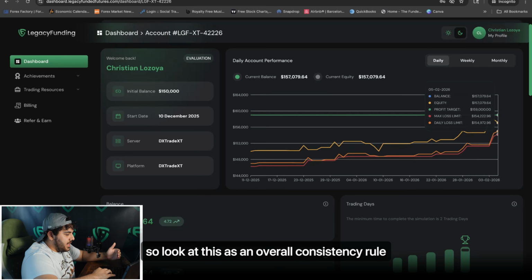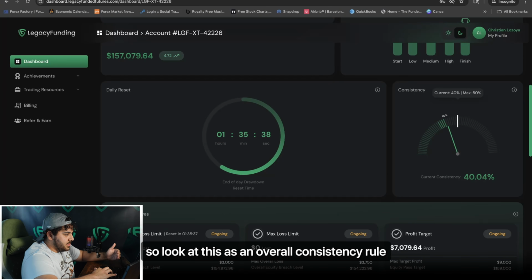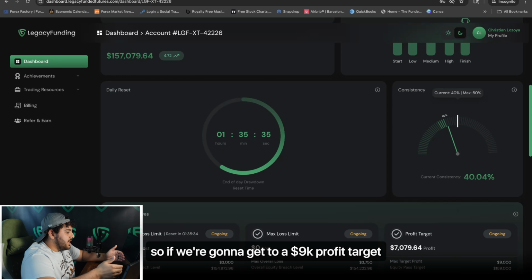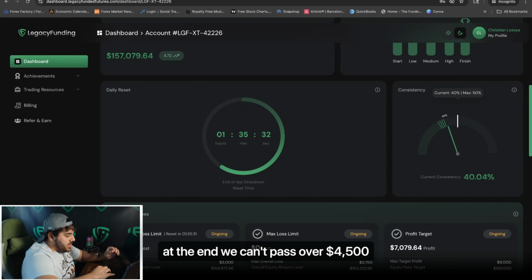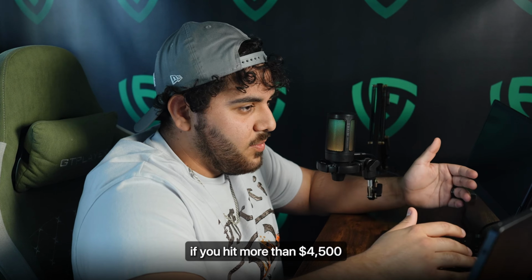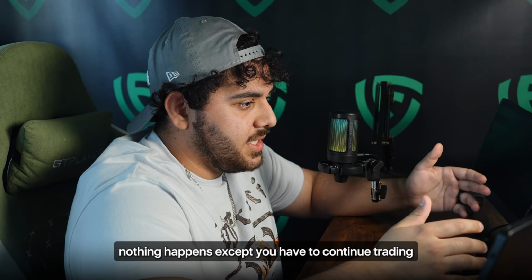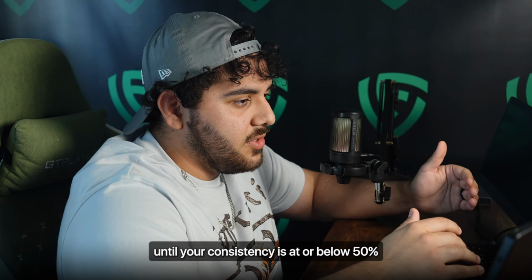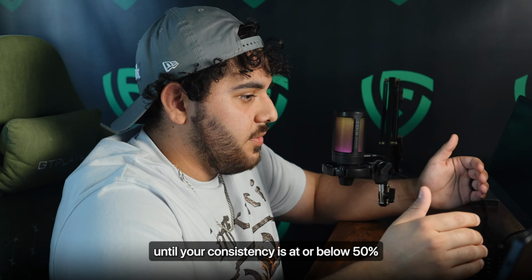So look at this as an overall consistency rule. So if we're going to get to a 9k profit target at the end, we can't pass over 4,500 because that trade would then be bigger than the 50% rule. However, you don't fail the account if you hit more than 4,500. Nothing happens except you have to continue trading until your consistency is at or below 50%.